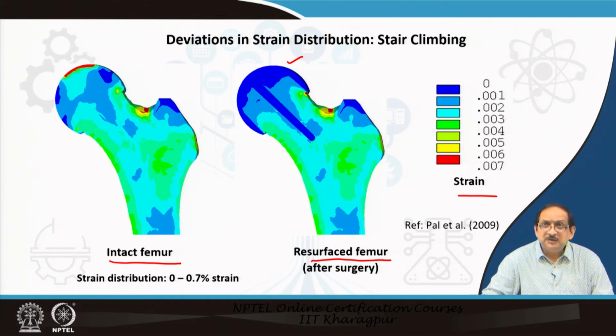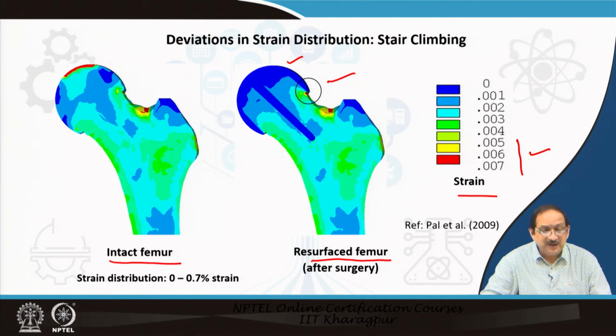The resurfacing procedure leads to elevated strain in the range of 0.5 to 0.7% strain around the proximal femoral neck region, in particular around the proximal neck implant junction as indicated by the encircled area in the slide, irrespective of the variation in stem bone contact condition.